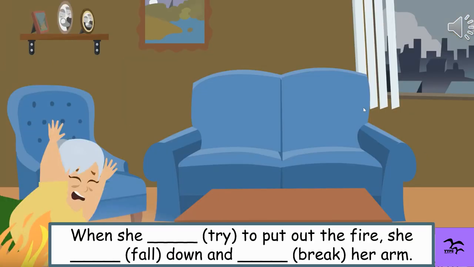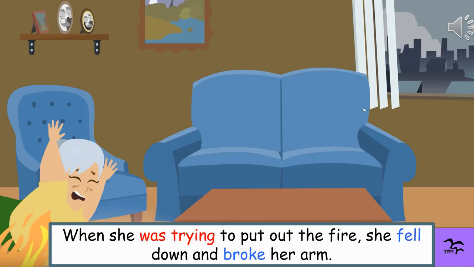When she blank to put out the fire, she blank down and blank her arm. The answer is showing now. When she was trying to put out the fire, she fell down and broke her arm.